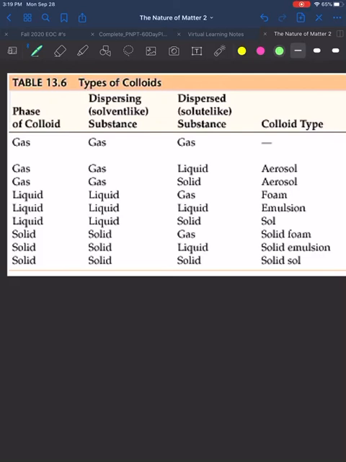For example, oxygen gas is dissolved in nitrogen gas, and that makes up air. Okay, you can have a gas that is dissolved in a solid, and here, according to the chart, you can see that it's called an aerosol, but that's a marshmallow.